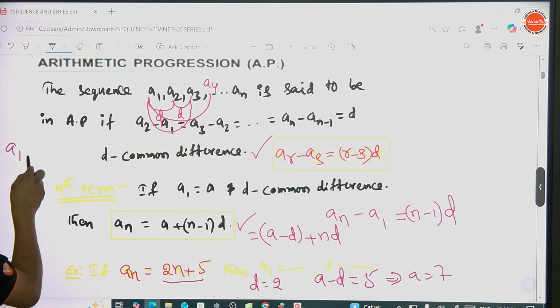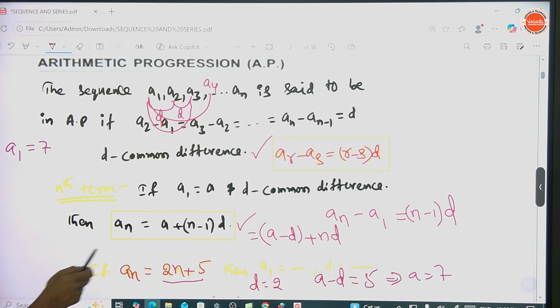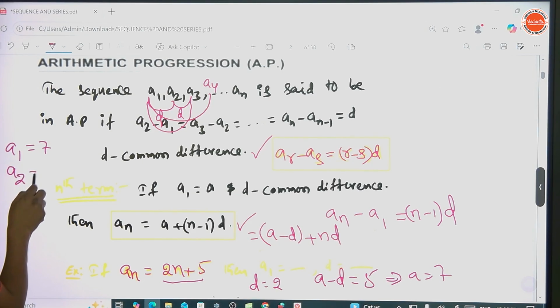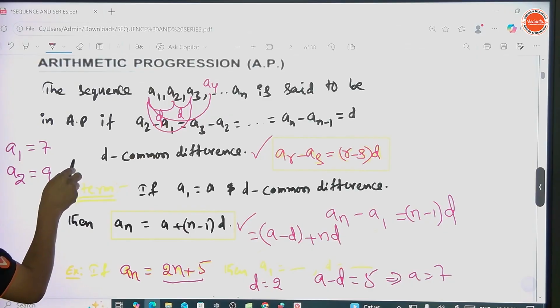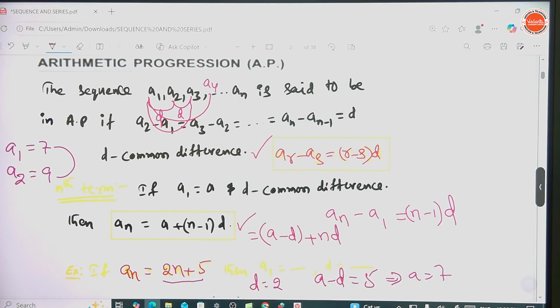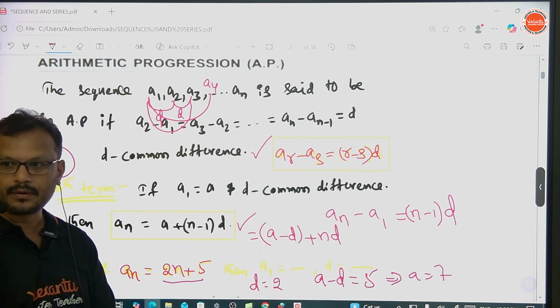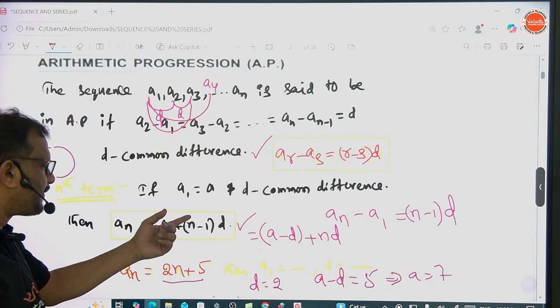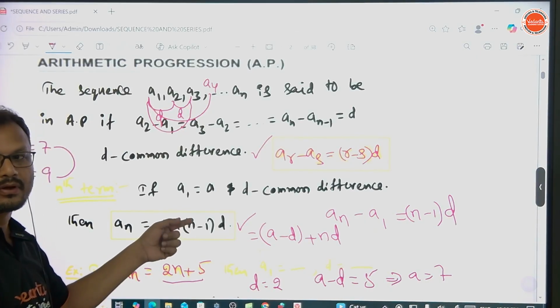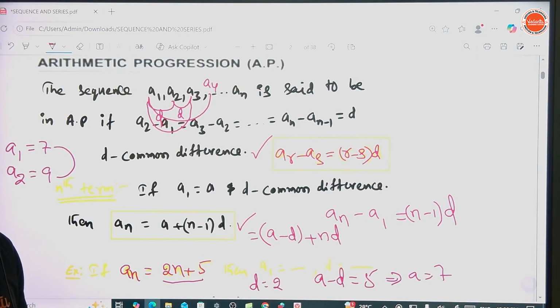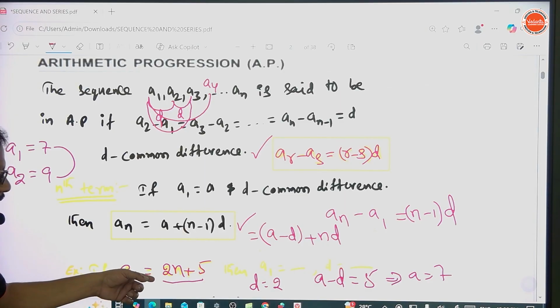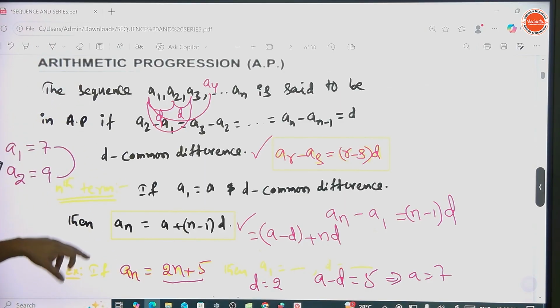Put n equal to 1, it will be 7. But this is the common method. A2 will be, when you substitute n equal to 2, 9. If you find the difference between these two, obviously it will be 2. So that you also can find. That is the regular method, but you have to think smart and differently, based on the nth term, how you can compare. Got it, right?